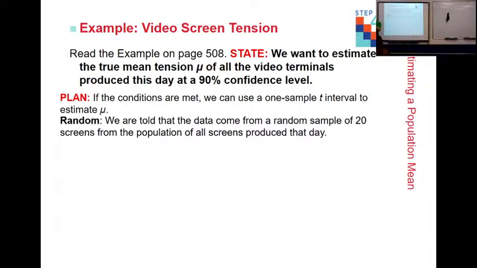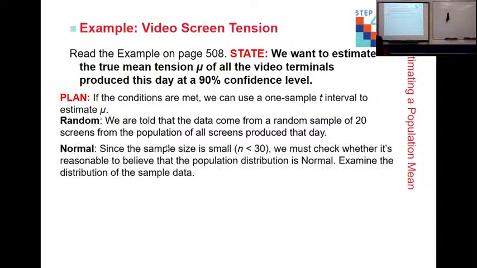Normal. Here's a key part that I want to pause at. If, and you do not need to write all of this down, because there are about to be some graphs put in front of you here. Since the sample size is less than 30, what we're going to check for is that the more skewed the original distribution is, the more that the sample size matters, right? So what that means is if we have a sample size at least 30, then we're going to have normal distribution no matter what.